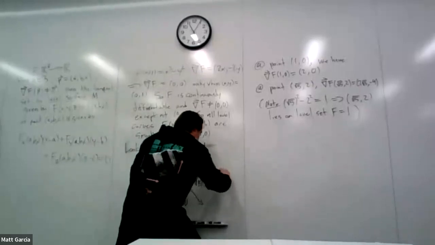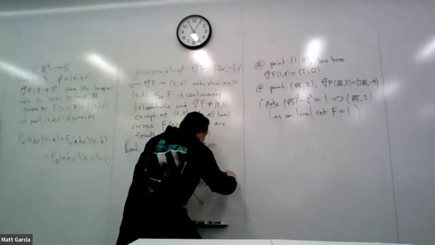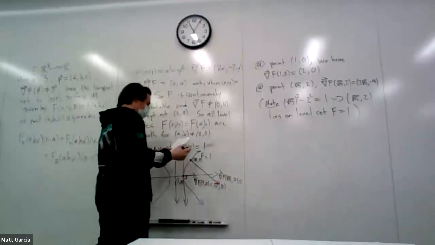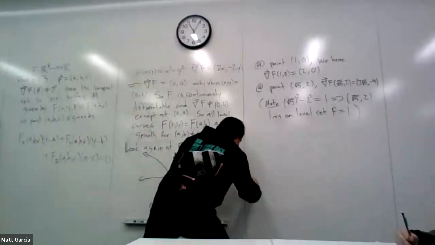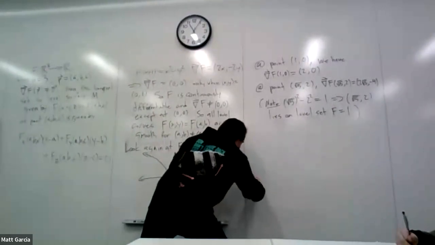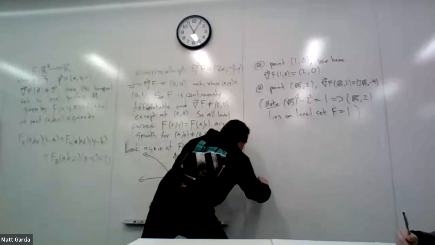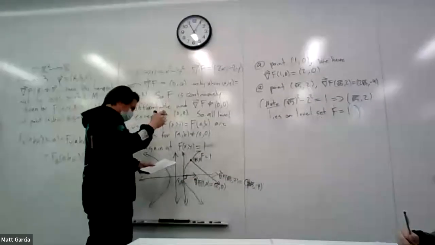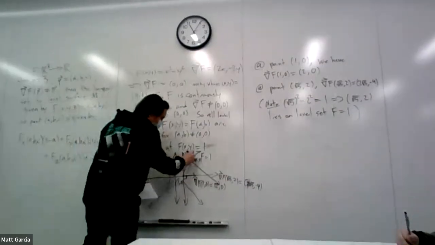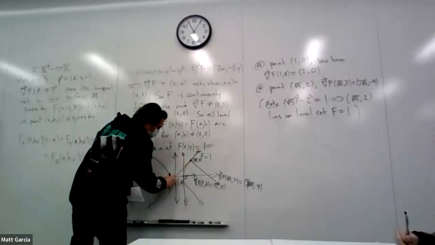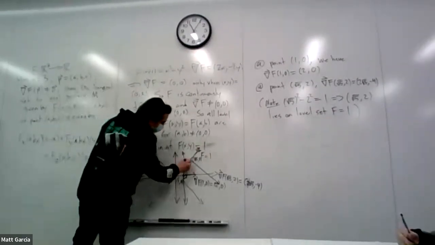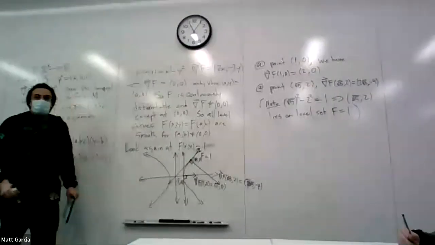This vector, gradient of f at root 5 comma 2, equal to, what did I say? 2 root 5 comma -4. And again, we take the line perpendicular to that gradient vector, we get a tangent line.